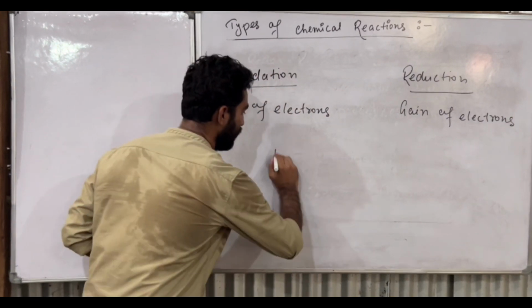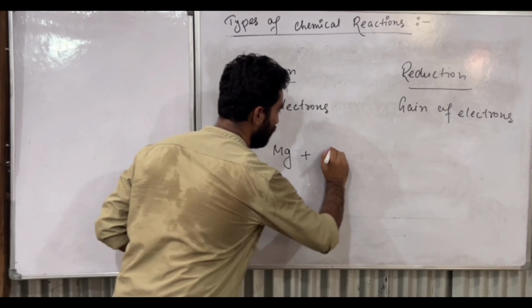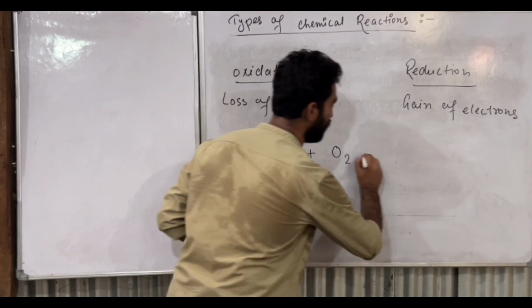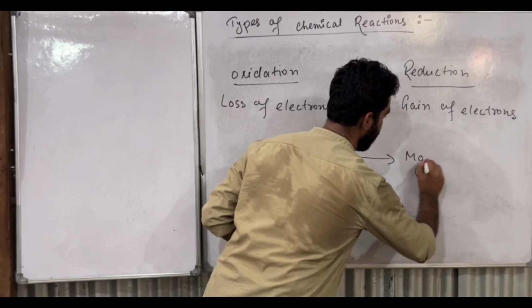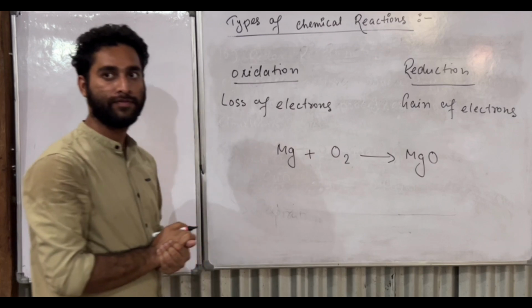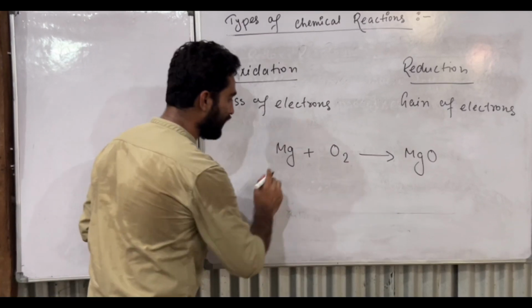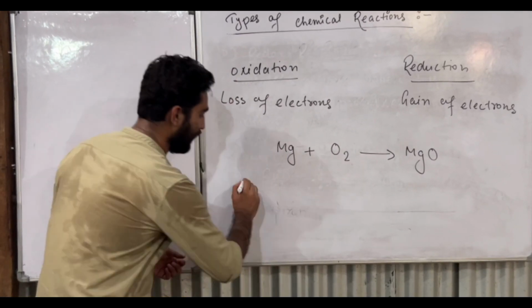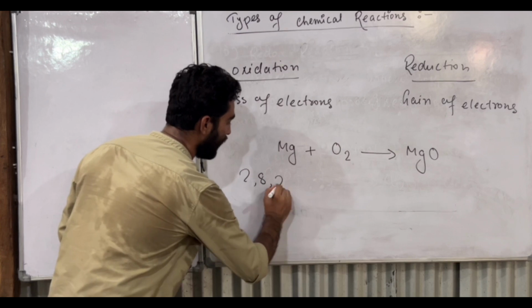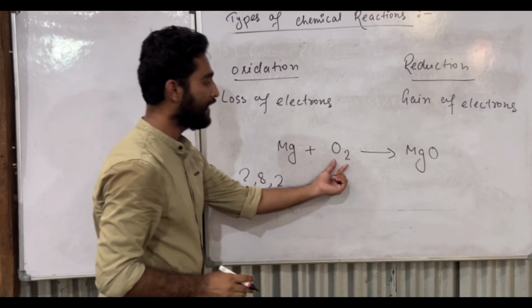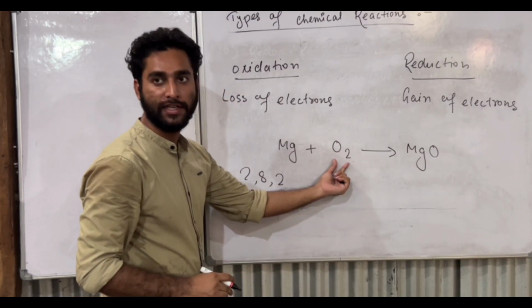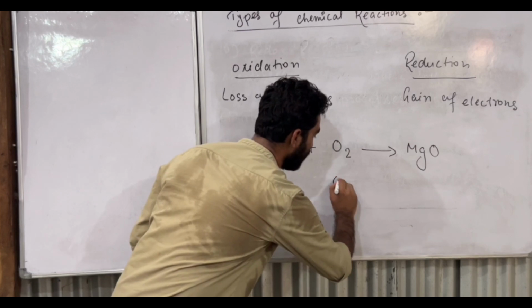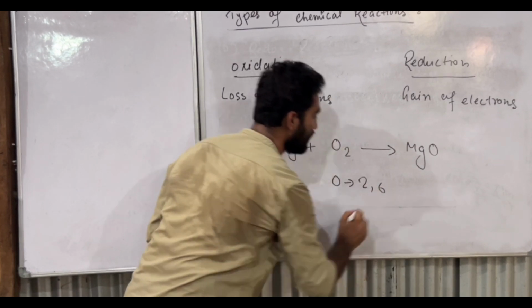For example, magnesium plus oxygen forms magnesium oxide. The atomic number of magnesium is 12. The electronic configuration is 2, 8, 2. Whereas the atomic number of oxygen is 8, and its electronic configuration is 2, 6.